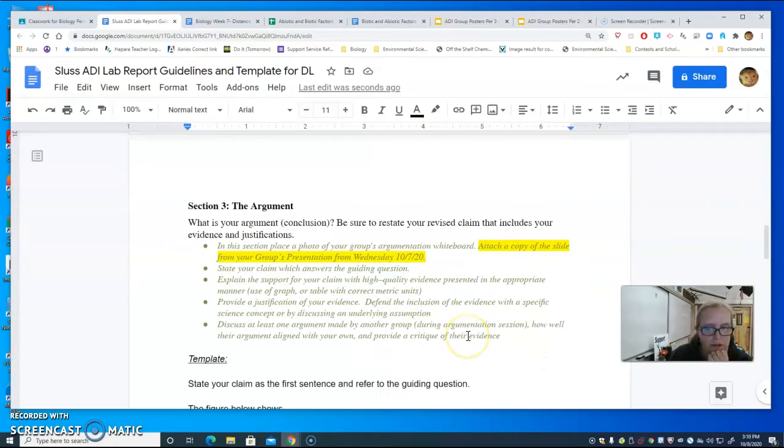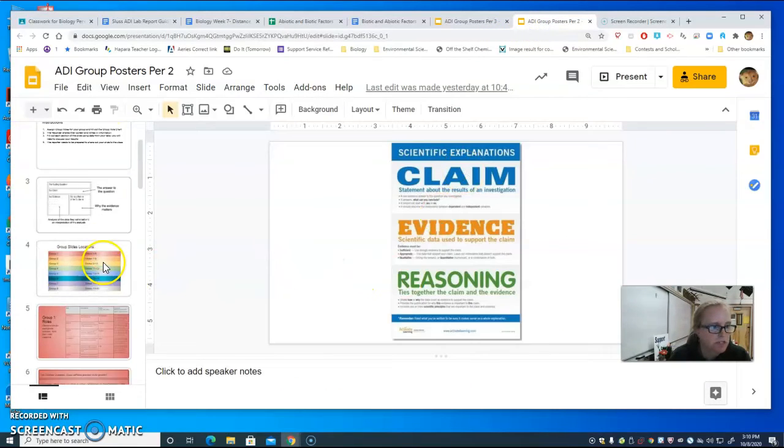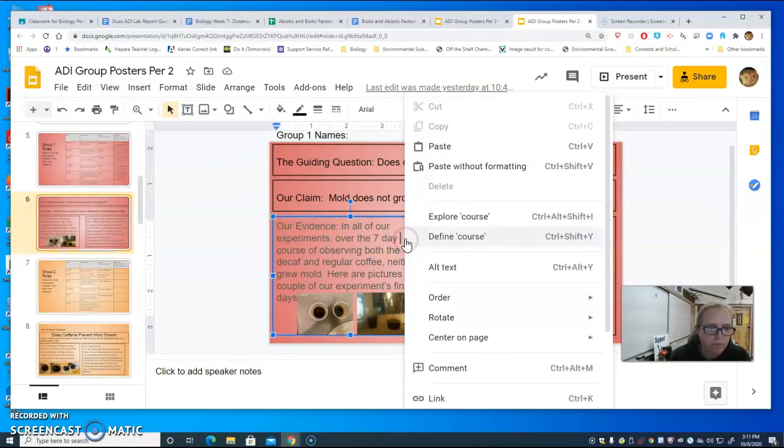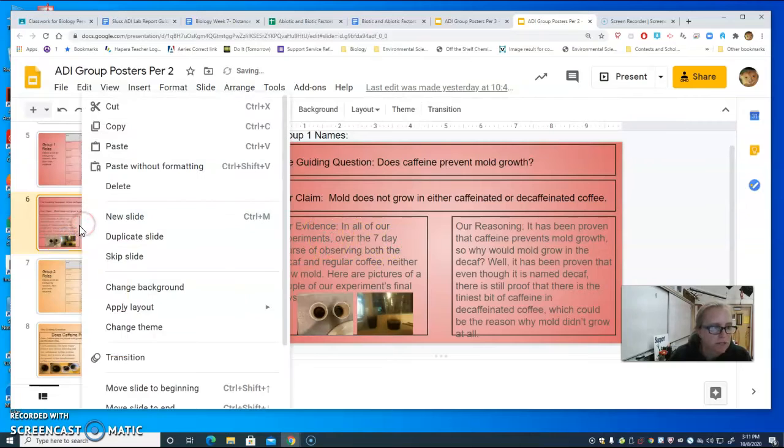Okay. All right. So in section 3, you want to have a revised claim now. And I want you to have a specific photo of your slide. So for period 2, if I pretend I'm in period 2, I would go to my group and could take a copy of my slide. Whoops, you have to get it from here.